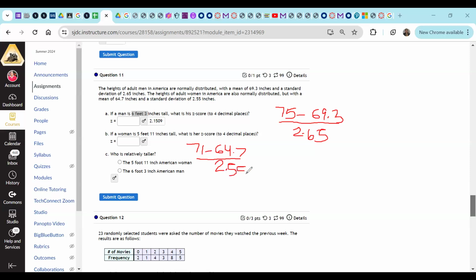And when you calculate, see if you are getting 2.4706. Good job, Selena.